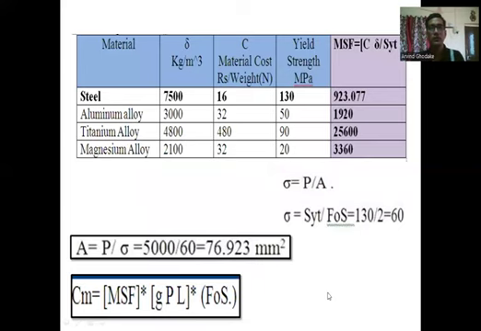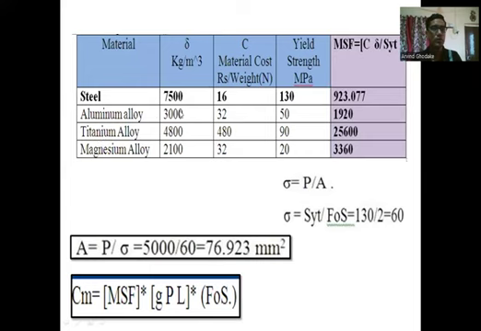So now we will see for our actual values. So here for steel material, rho is given as 7,500, C is 16, and yield strength is 130. Then MSF is calculated for the steel, which will be 923.077.